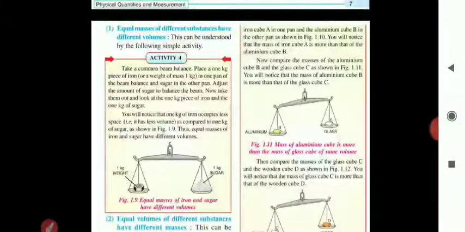Number 1, equal masses of different substances have different volumes. Suppose we take equal masses of two substances, then their volumes are different.